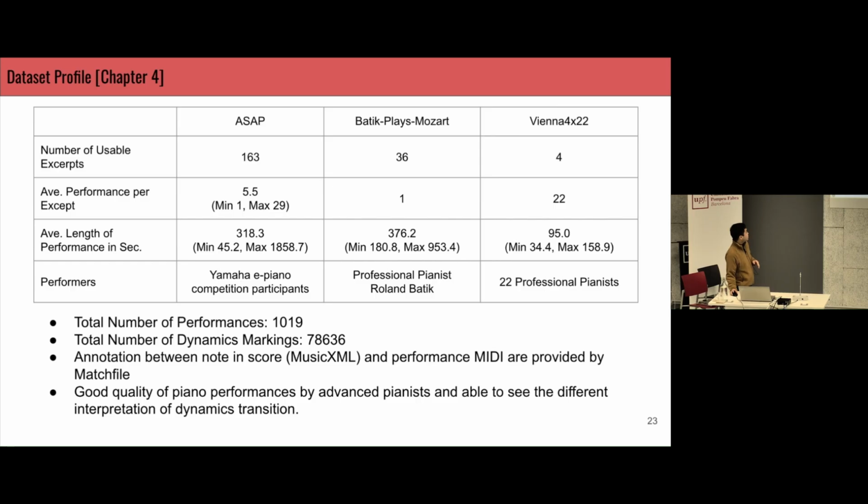At the end, there are about 1K usable performances and 78K dynamics markings in the dataset. Some data cleaning was needed, like tied notes and grace notes, which are not performed in the raw performance MIDI. So these kinds of notes are removed.